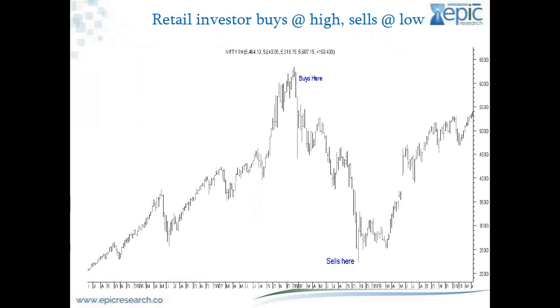Now here is what the trader normally does. Normally a trader buys at the top point and tends to sell at the lowest point. Now when we talk about a typical trader, the trader does not use a trading strategy when he trades in the market.